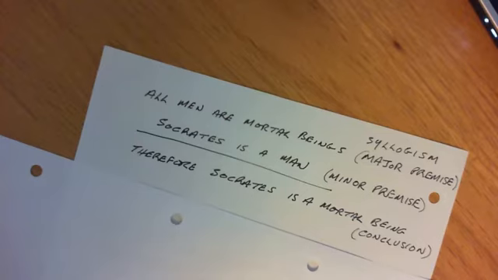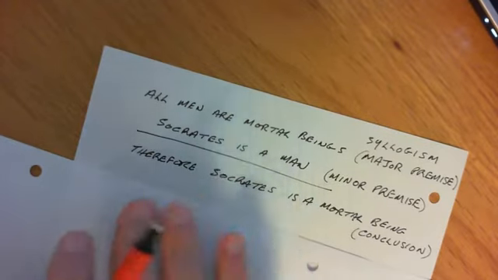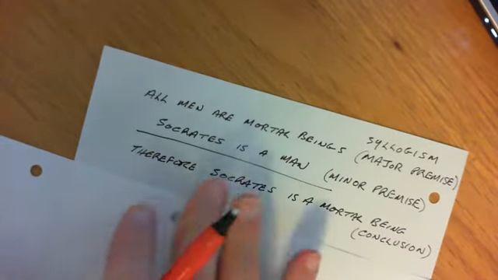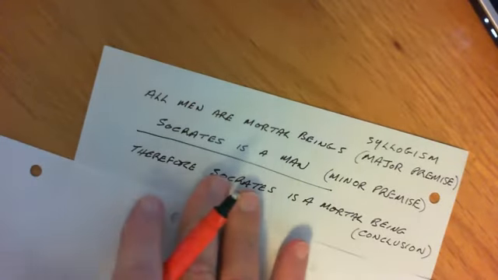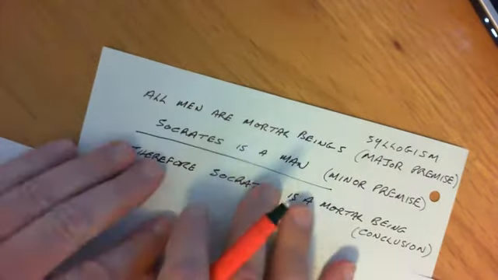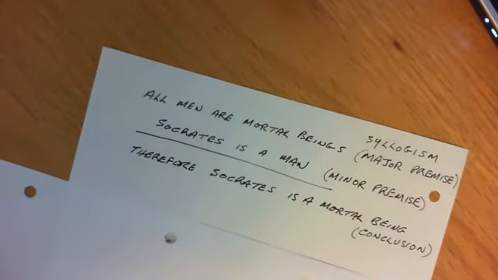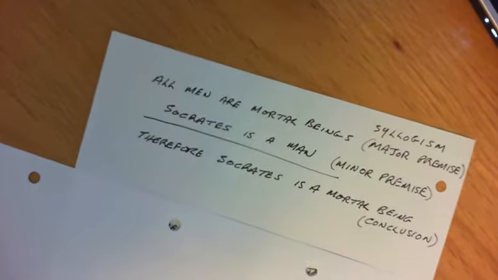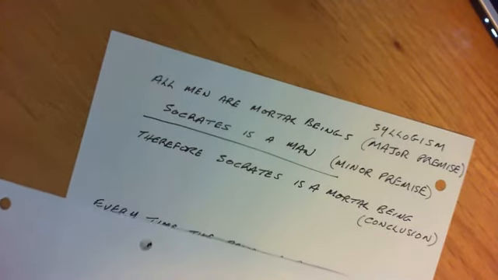Now that looks pretty good, because that's what's called one mood of the syllogism. If you do logic, there are many moods to the syllogism, and it becomes a very complicated study. We're dealing with a very straightforward example here: all men are mortal beings, which is one of the easier moods, or types. Mood is the same as a type of syllogism.